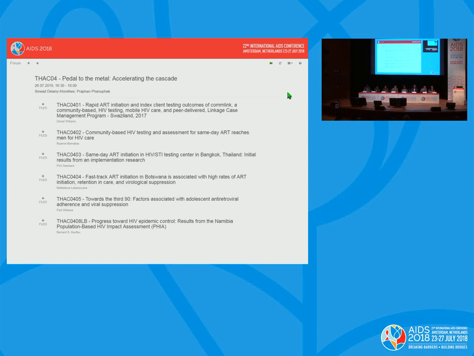We have a great lineup of presentations reflecting diversity in terms of geography and population, and some inspiring and thought-provoking ideas around how we achieve 90-90-90 targets for the treatment cascade. The format of the session will be all presenters will present for 10 minutes and have 5 minutes for Q&A.